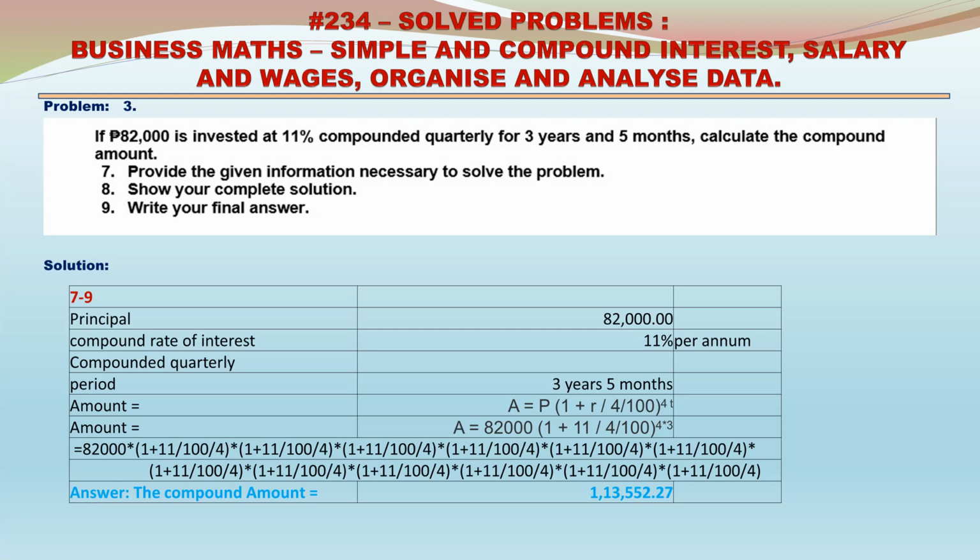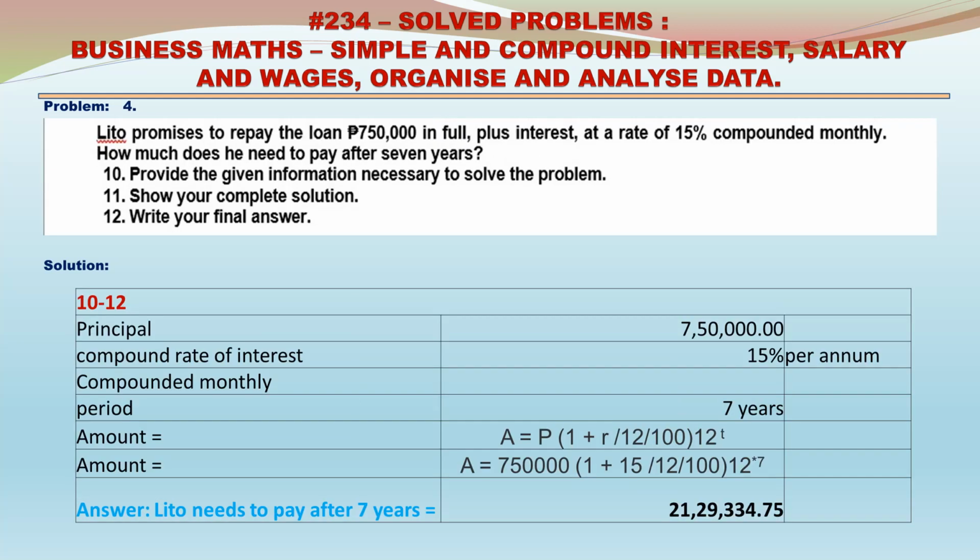Amount A is equal to P into (1 plus R by 100) to the power N. A is equal to 82,000 into (1 plus 11 by 4 by 100) to the power 4 into 3. The compound amount comes to 113,552.27.